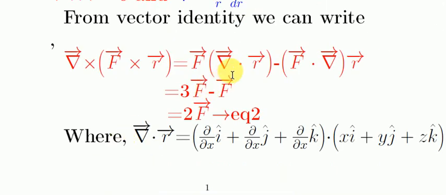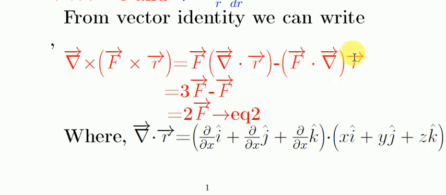So in the first term we can write 3F, and if we calculate the other term, we get F vector, which is a constant vector. If we simplify, we easily get 2F. This is equation 2.